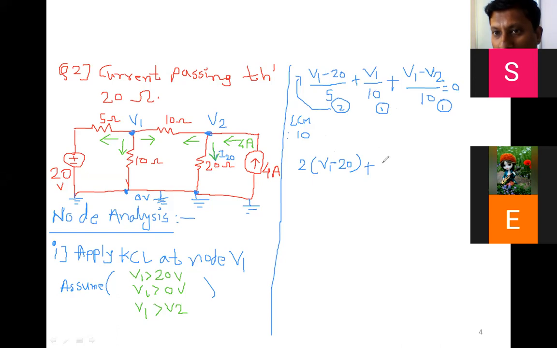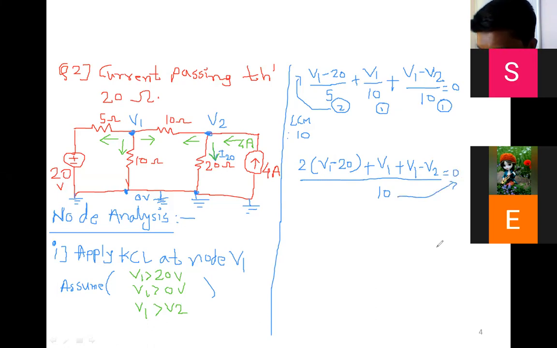This 1 into V1 as it is, that is V1. Next plus as it is. This 1 into this bracket, that is V1 minus V2 as it is. Divided by 10, because the LCM is 10. Whatever the LCM is, it will come at the denominator. E is equal to what? 0. So this 10 will multiply with 0 and become 0.